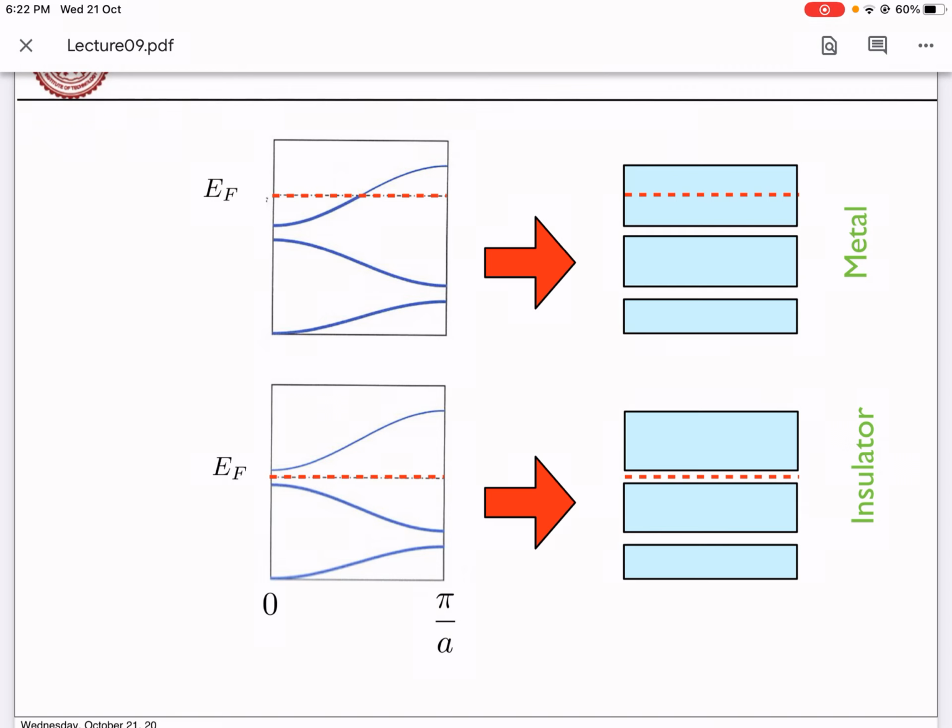Once they get a little bit higher energy, electrons don't have states to move to. So therefore this solid will be an insulator, right? The topmost band is completely empty, so there is no electron in this state in any case. So this is an insulating case.